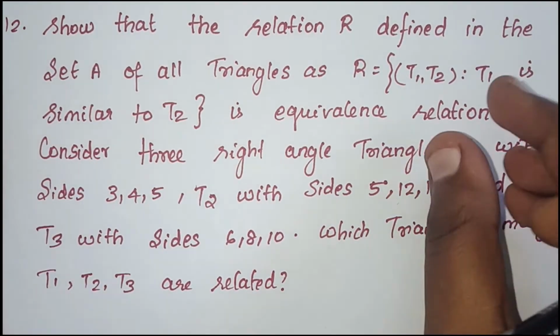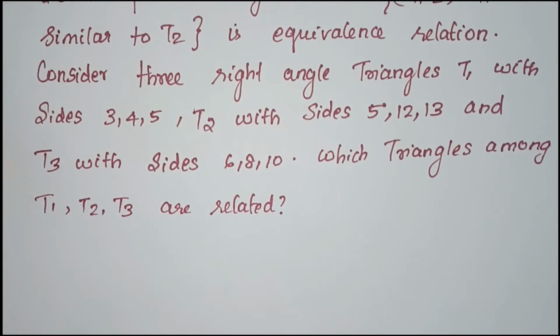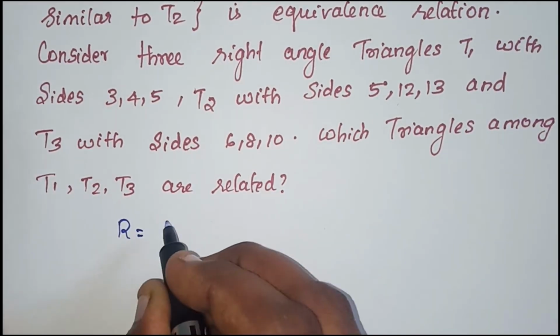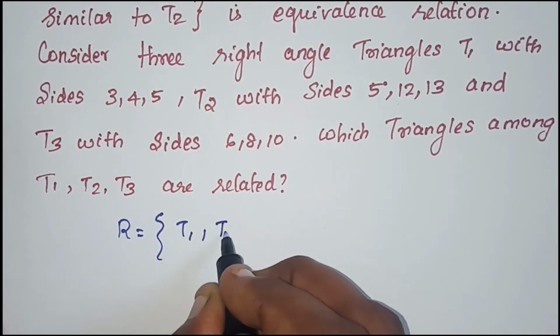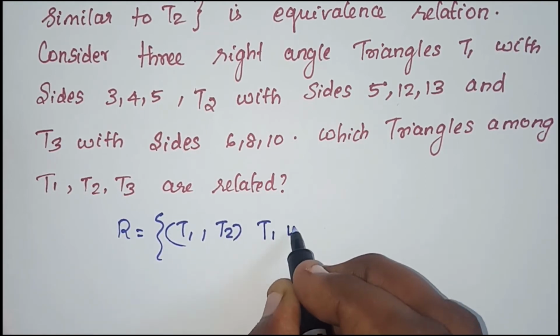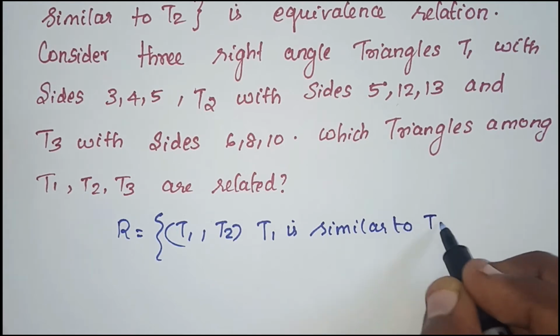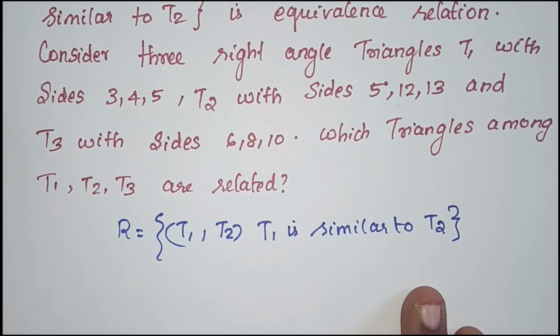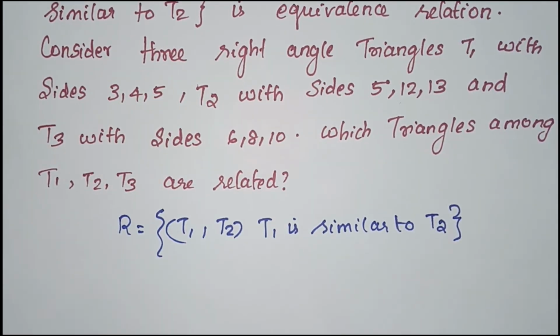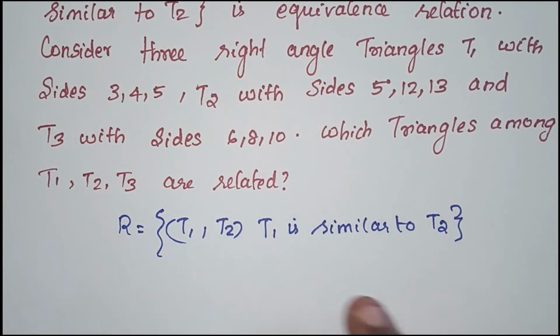So first we need to prove this relation is an equivalence relation. The given relation is T1 is similar to T2. So two triangles are similar. First you have to know the concept behind this similarity.